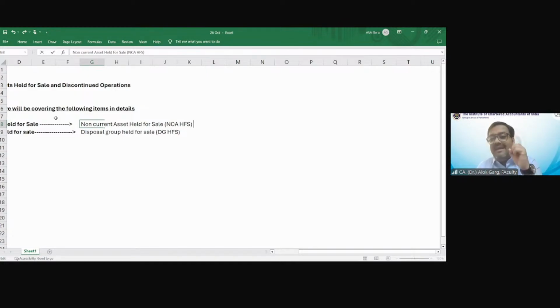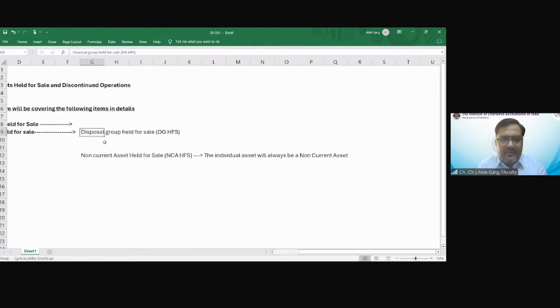So if you are selling an individual asset like a factory building, the individual asset will always be a non-current asset. So let me write it like that.